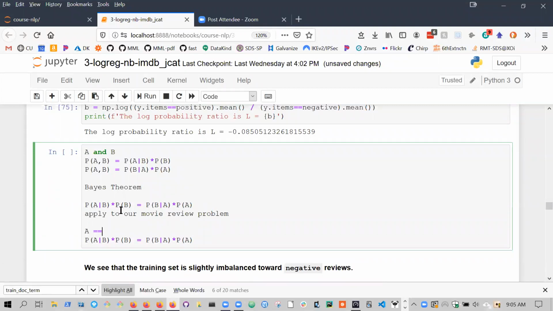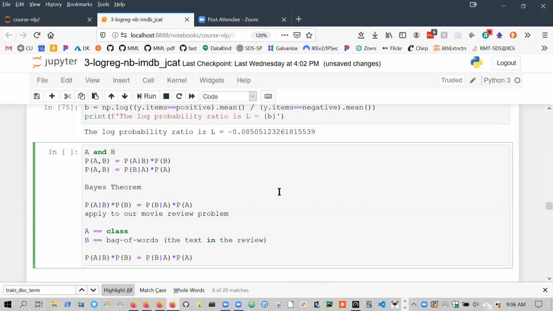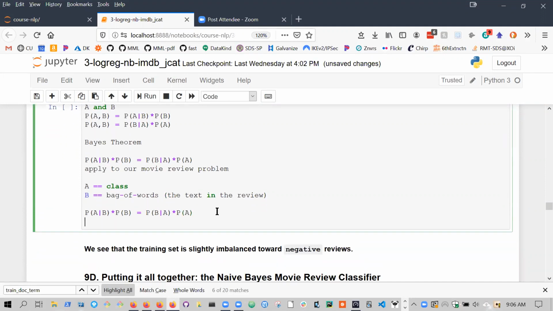A is going to be identified with the class, and B is going to be identified with the bag of words, which is basically all the text in the review.